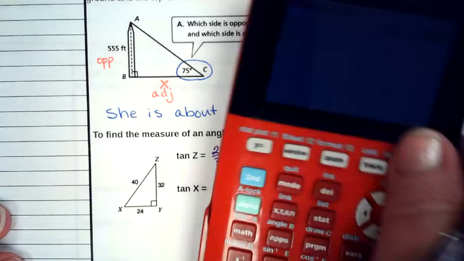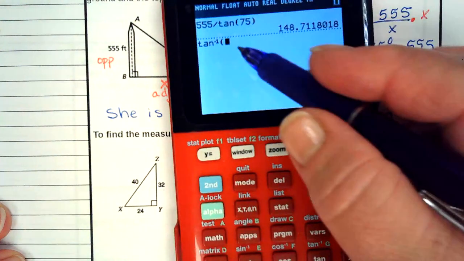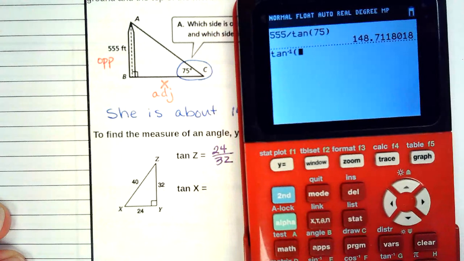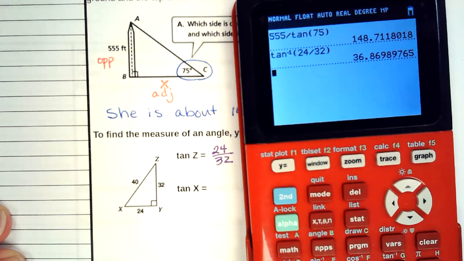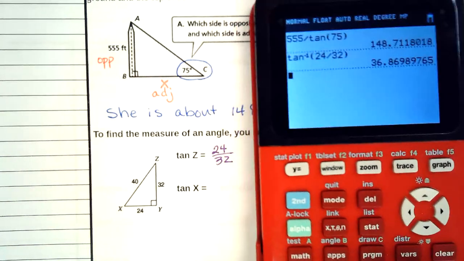So in my calculator, second tangent, see how you get tangent to the -1 degree. Then I type in 24 divided by 32, close it off, and I get 36.86. That would be approximately 36.9. We go to the nearest tenth on our degree measures.